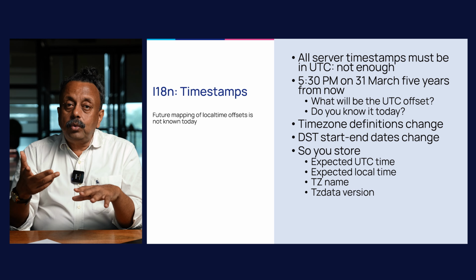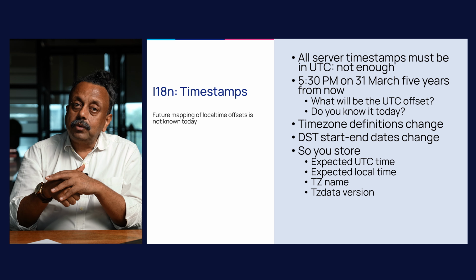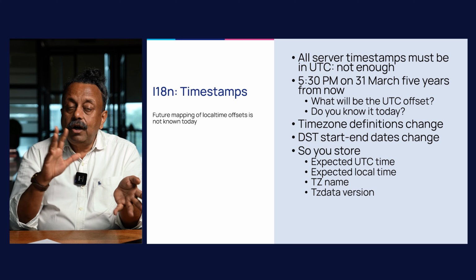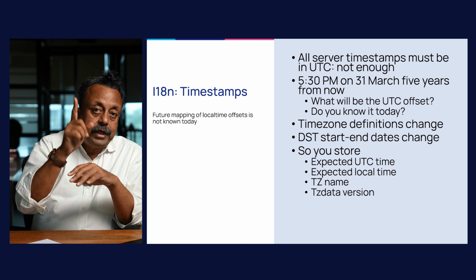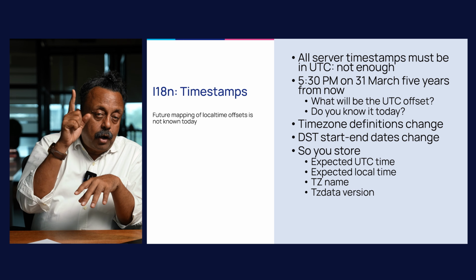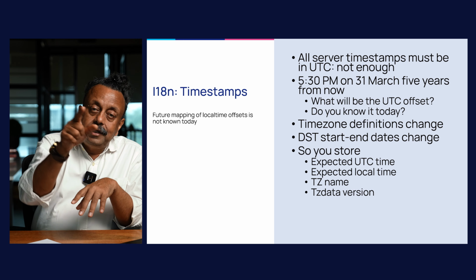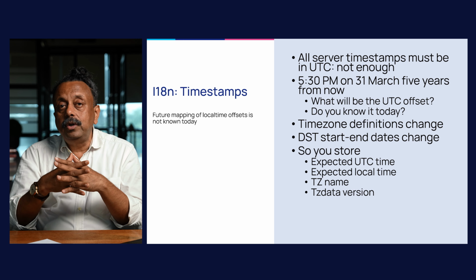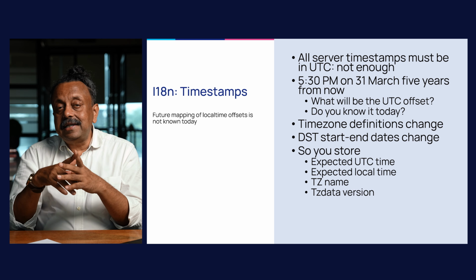You also need to store the expected local time timestamp in that time zone, just to double check, so that if the UTC offset 5 years from now recalculated gives you a different figure, you know that it's the offset which has changed. The desirable outcome is the local time specified in the local time zone. Third thing you need to save is the time zone name or the time zone ID. Which time zone is this being applied to? And fourth is the TZ data version.